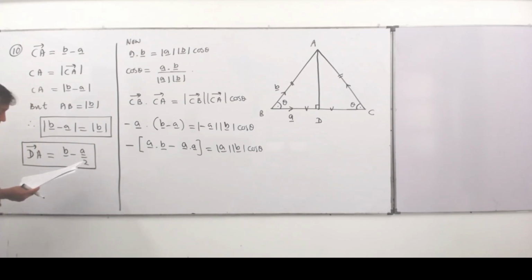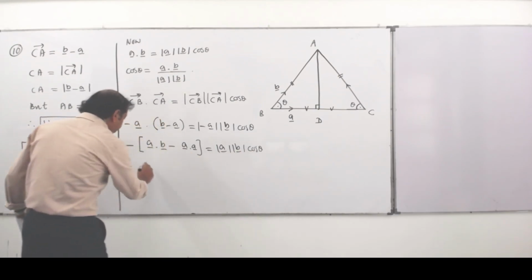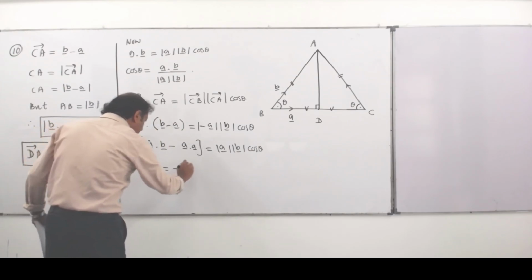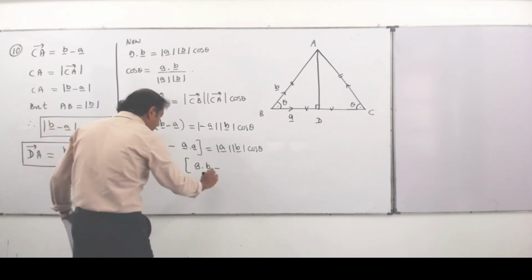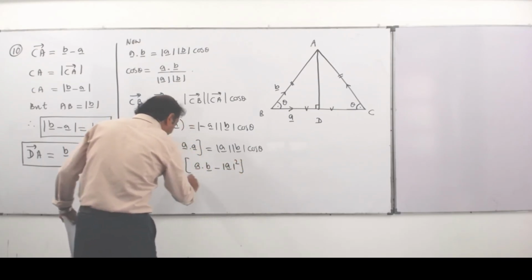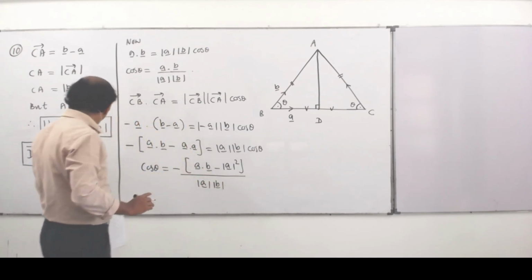Right now. Then we can take, people, here also cos theta subject. Cos theta we get minus A dot B minus A dot A, I can write as mod A square, divided by mod A mod B. This is cos theta. Right.